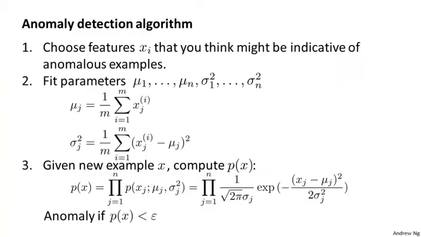So, putting everything together, here's our anomaly detection algorithm. The first step is to choose features, or come up with features xi, that we think might be indicative of anomalous examples.